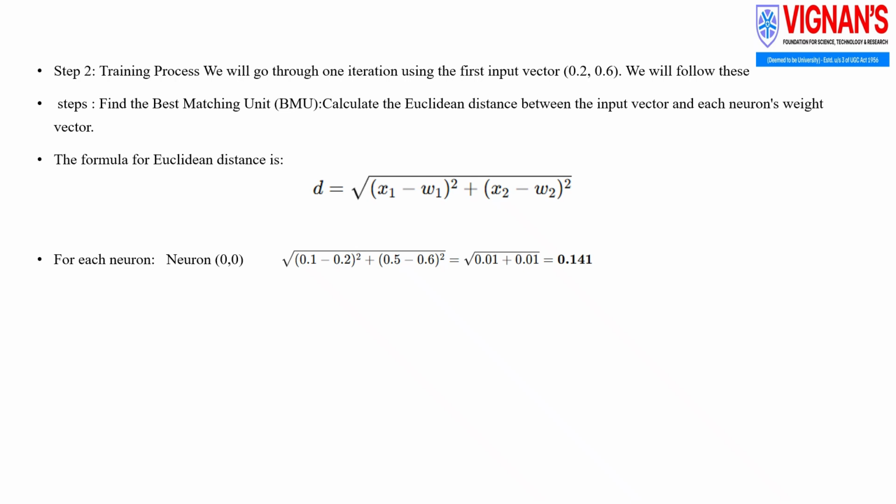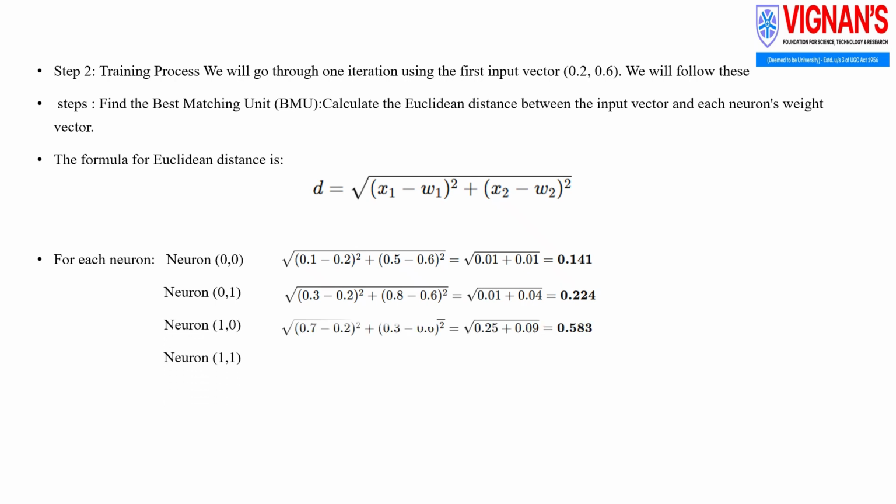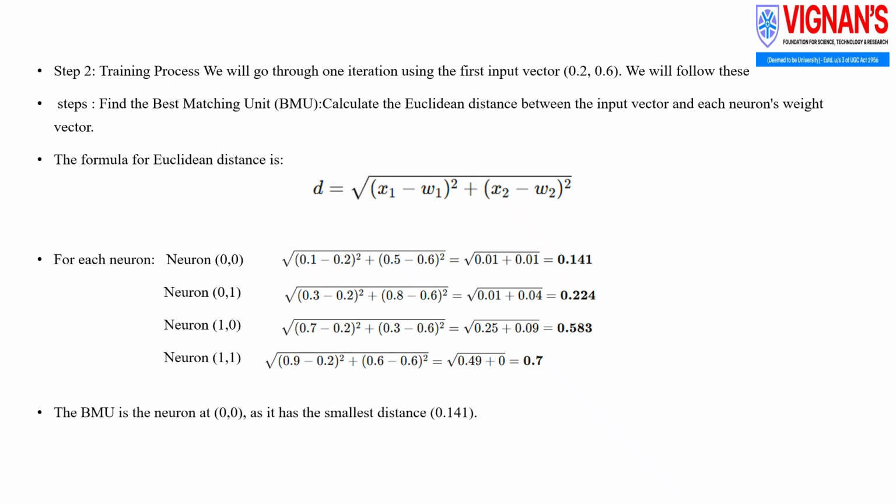The neuron with the smallest distance value is selected as the best matching unit. After calculating the distances, we find that the neuron at position (0, 0) has the smallest distance, which is 0.141. Therefore, (0, 0) is the BMU for this input vector.